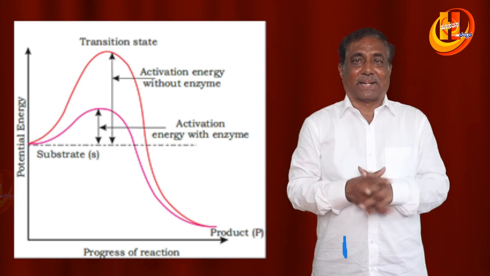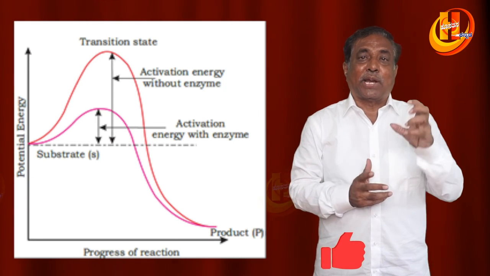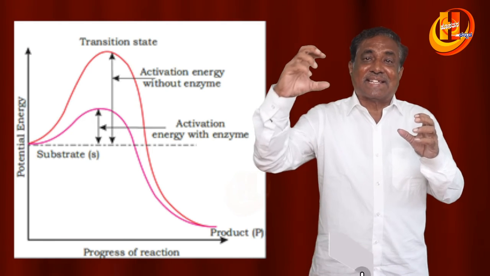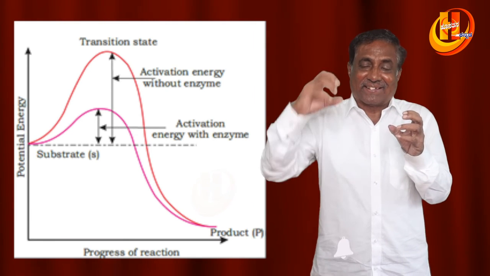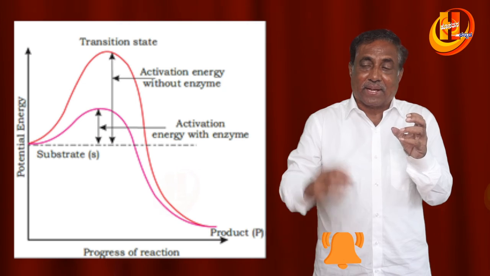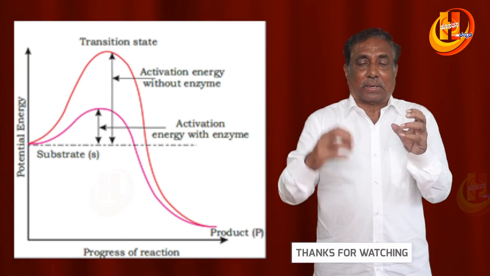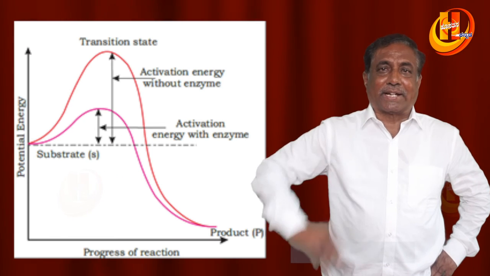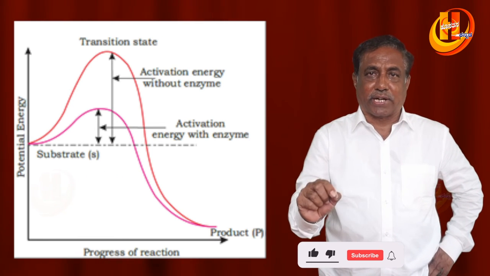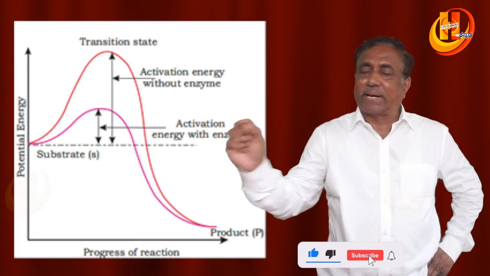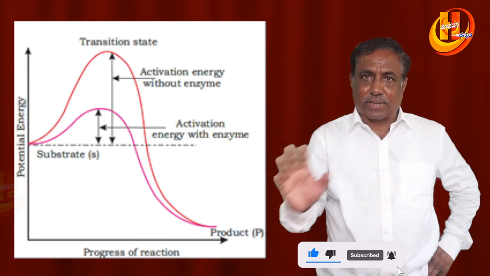The best example given is malonate. Malonate inhibits succinic dehydrogenase as it resembles succinate in its structure.